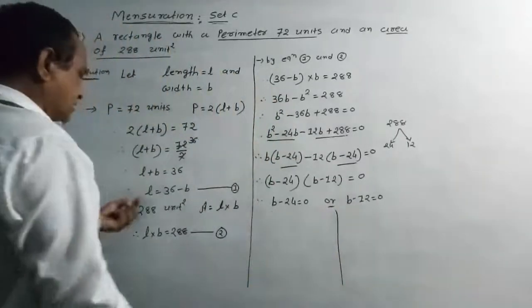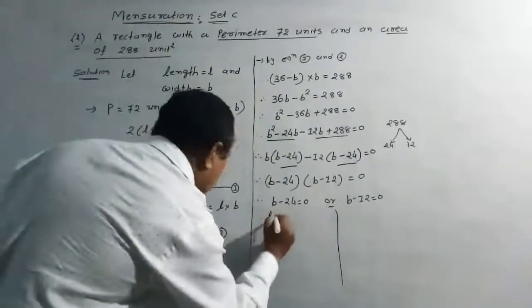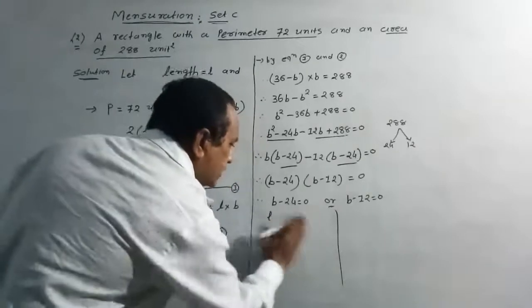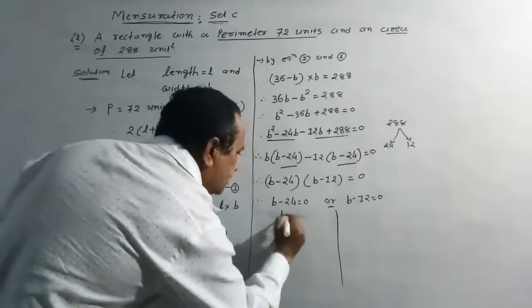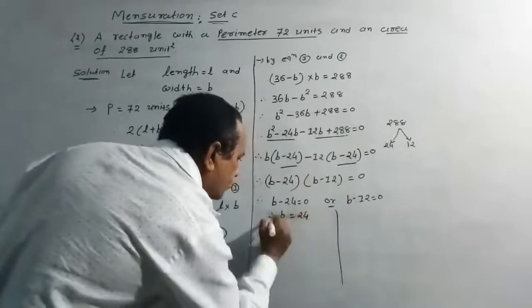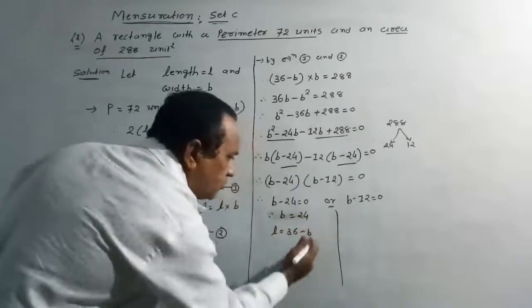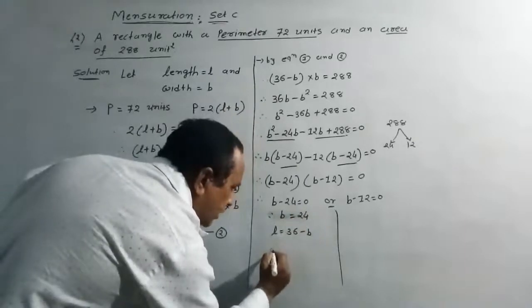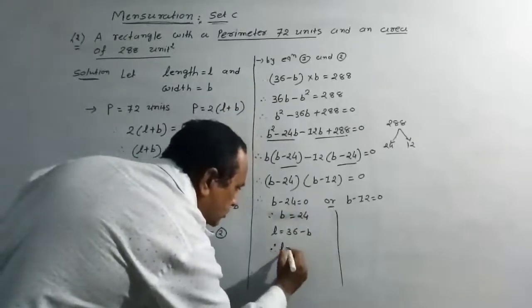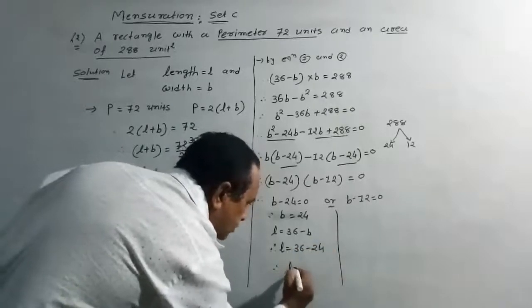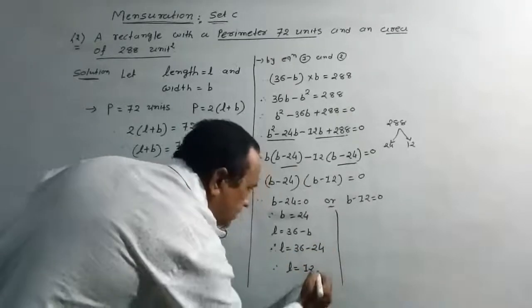So here by equation 1, L is equal to 36 minus B. Here B is equal to 24. Now L is equal to 36 minus 24, so L is equal to 12.